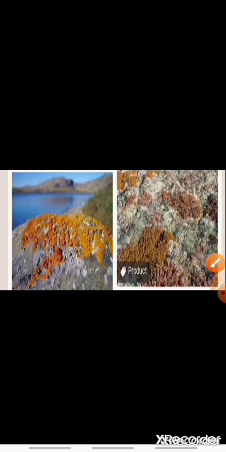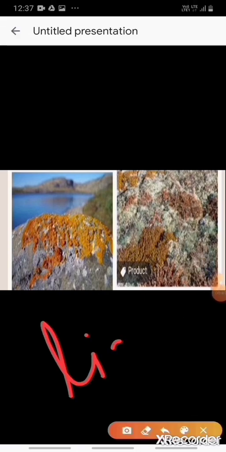Here are the images of lichen, which grow in southern grassland.